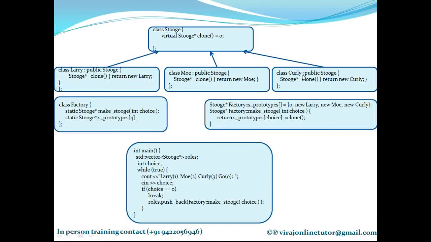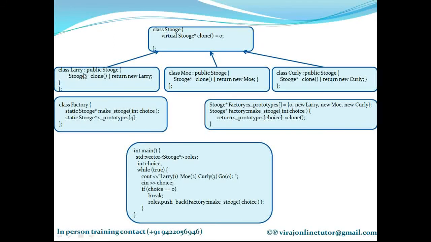How many concrete prototypes did I have in my UML diagram? 2. Which were those? Concrete prototype 1 and concrete prototype 2. In this example, how many concrete prototypes do I have? 3. Which are those?